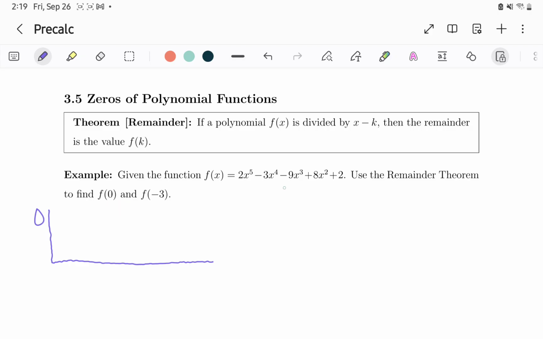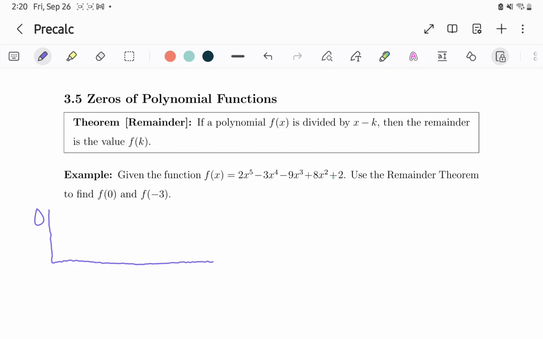All right, so first, when we're setting up the coefficients for our dividend, we want to check and see if there are any terms missing that we need to put in a 0 for. Here f of x is a degree 5 polynomial function, and we have our degree 4 term, our degree 3 term, our degree 2 term, and then our constant or degree 0 term.